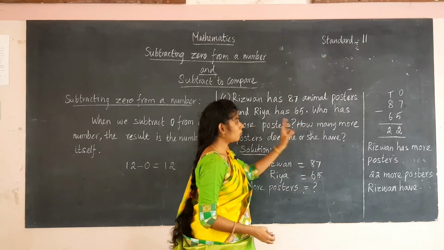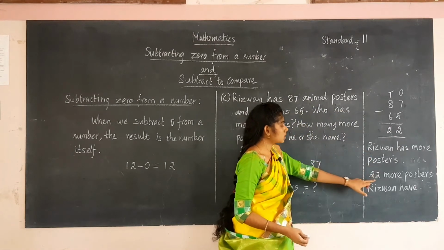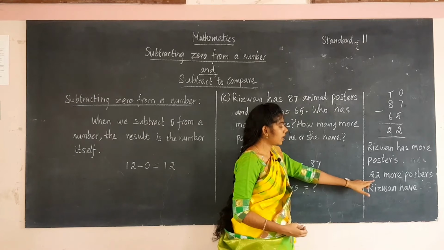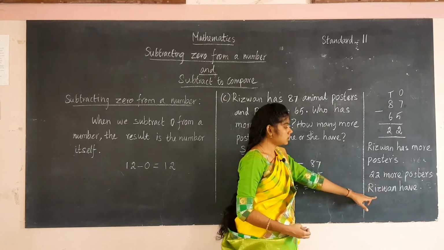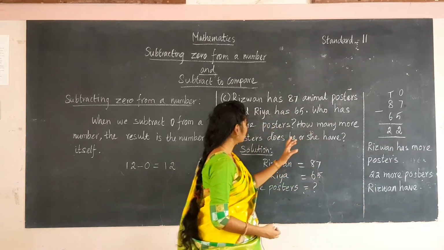So who is having more posters? Rizwan is having more posters. And how many more is he having? 22 more posters Rizwan has than Riya.